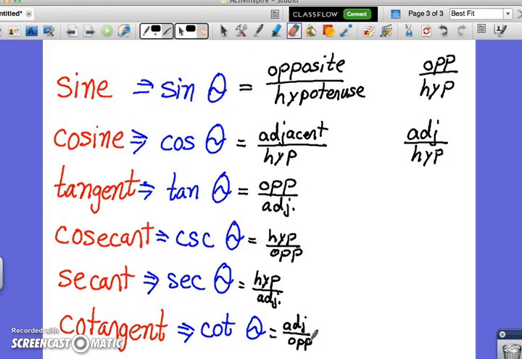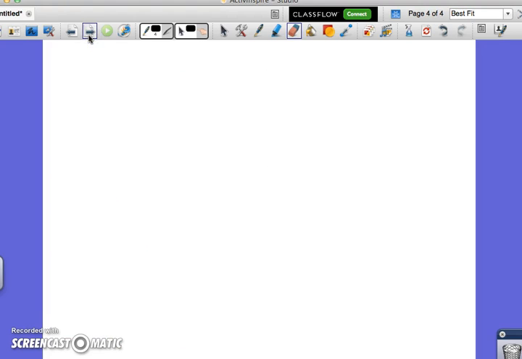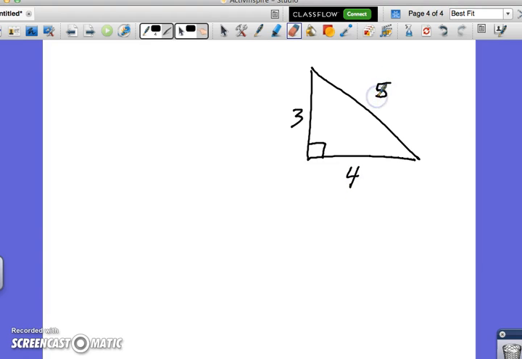So as we further expand on those things, if we were to look at a right triangle, which is what we're going to start doing, we're going to see how these play out in a right triangle. So let's go back to this 3, 4, 5 triangle that I keep drawing over and over again. 3, 4, 5. And this is going to be our theta, okay?